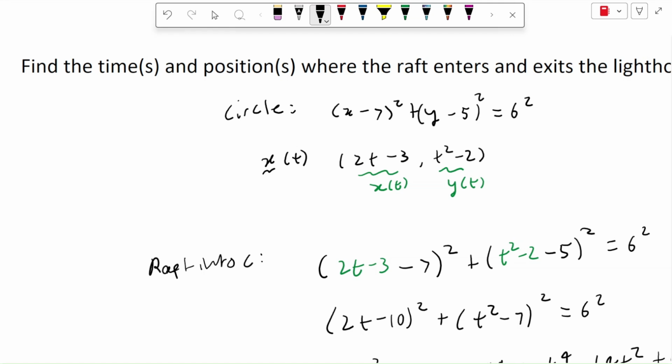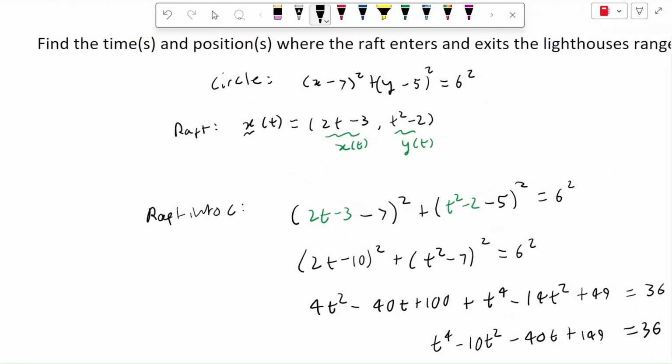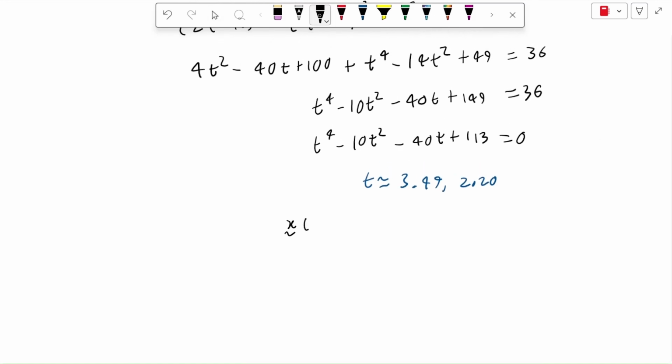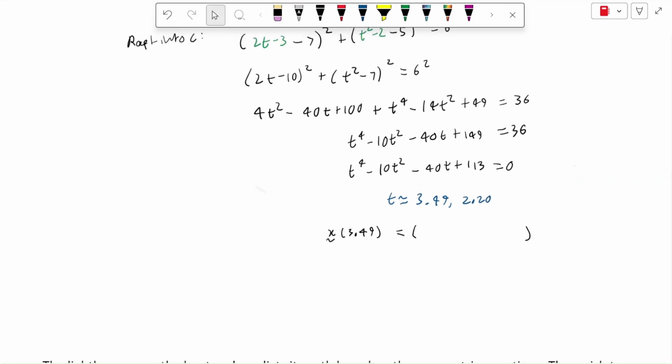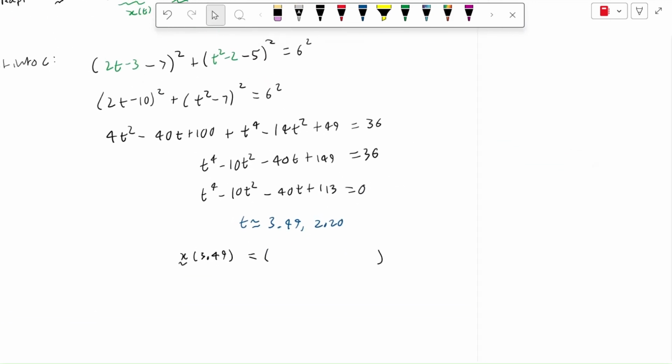It's really confusing because there's two x's here. The vector x is both the x and the y coordinates. It's a bit weird. But the reason we've got that notation is because now we can talk about x at the time 3.49, and that'll be the actual position coordinates for both things. So remember, this was 2t take 3 and t squared take 2.